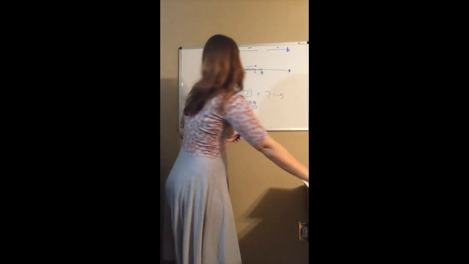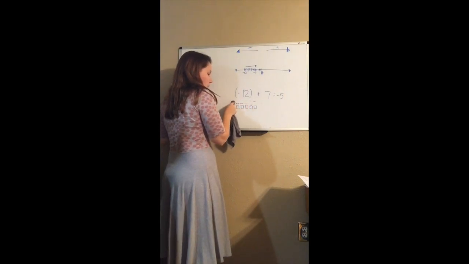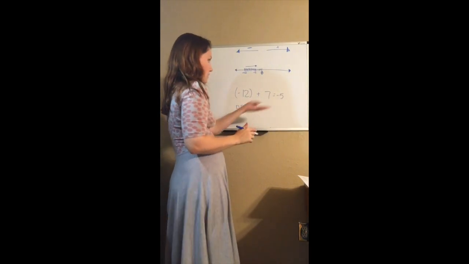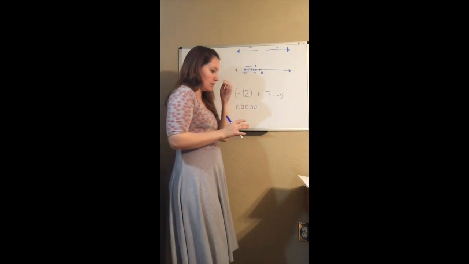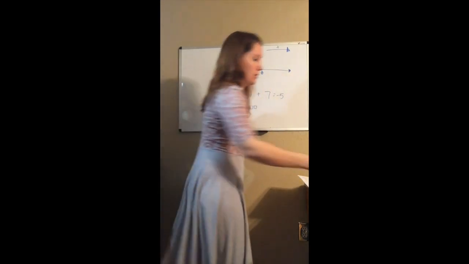So that canceled out 7 of those negative boxes. So I'm going to just take them away. I'm left with 5 boxes. That's what we got. So there's a couple of ways of looking at this. So I'm going to do one more with you, and then I'm going to have you try one on your own.